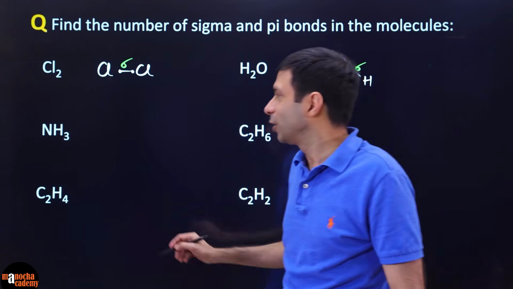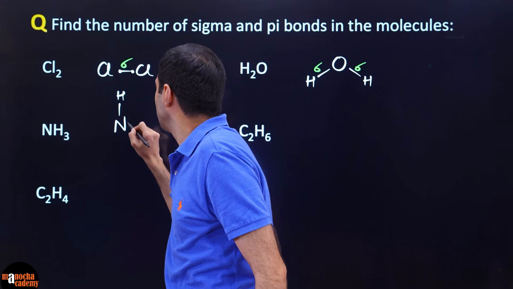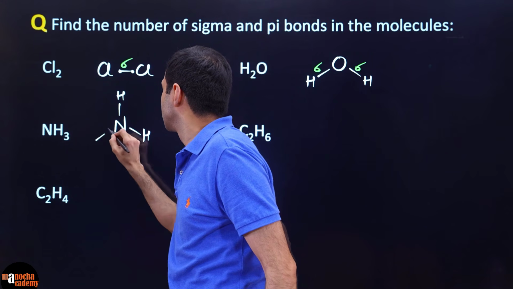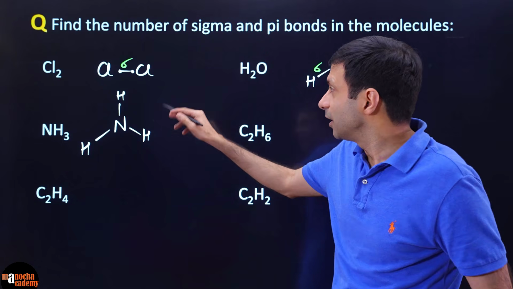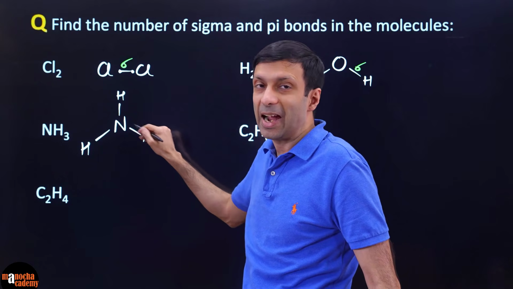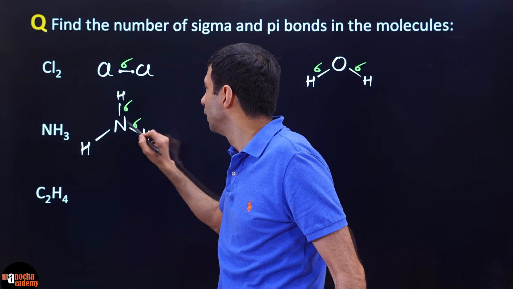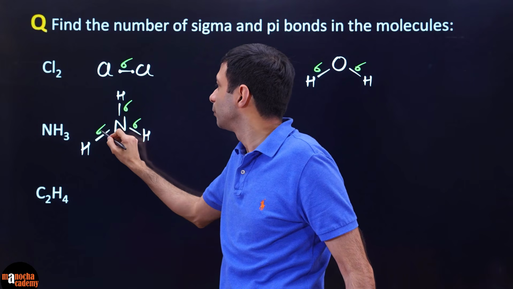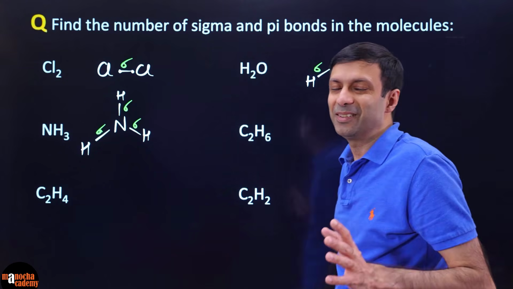How does the ammonia molecule look like? Ammonia, you know, nitrogen is in the center and you have 3 hydrogens. Once again, you can easily work it out. Remember, the first bond formed between a pair of atoms is going to be the sigma bond. So 3 sigma bonds, done.